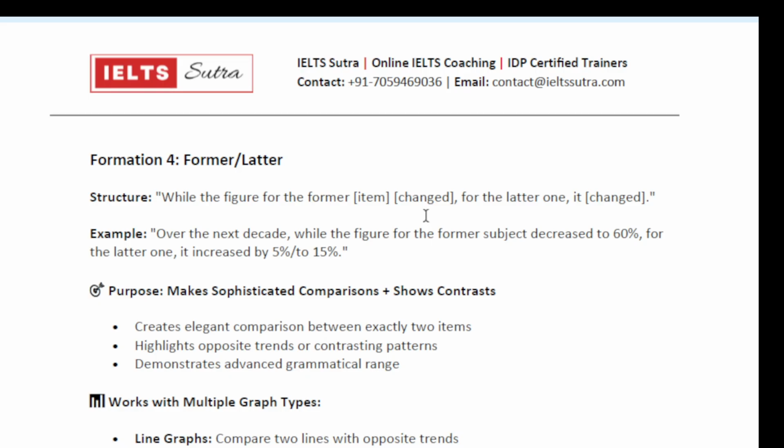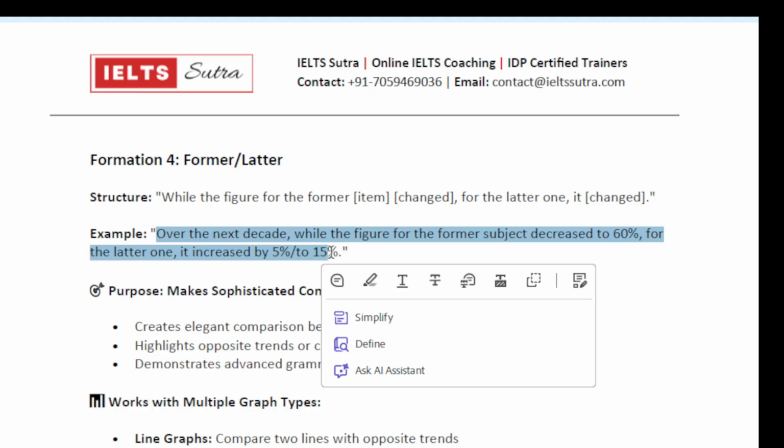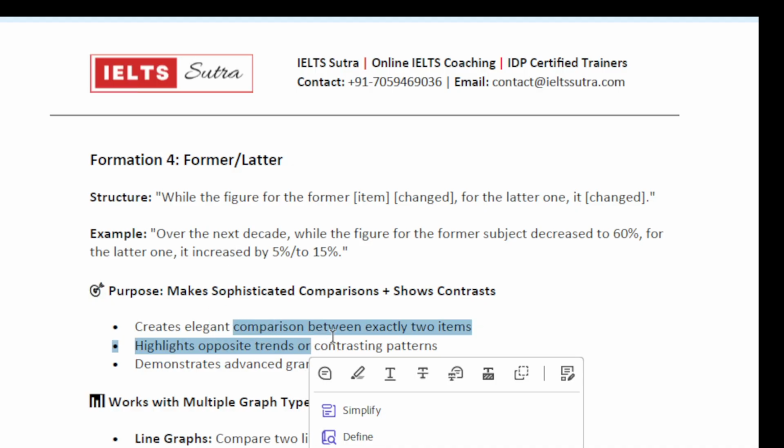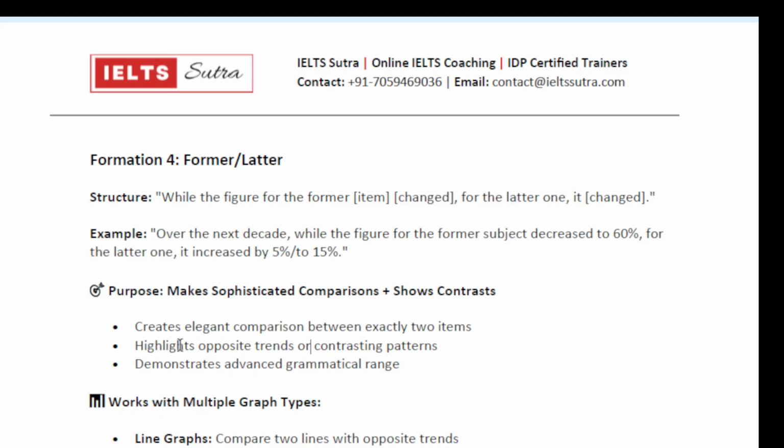If the changes for both the categories are parallel, of the same type, both increasing or decreasing, then we can use respectively. However, if there is a contrast, if one is increasing and one is decreasing, then we can use something like this. So the purpose of this is to create an elegant comparison between the two figures, and it also highlights the opposite trends or contrasting patterns.